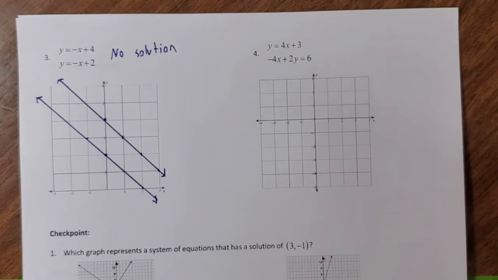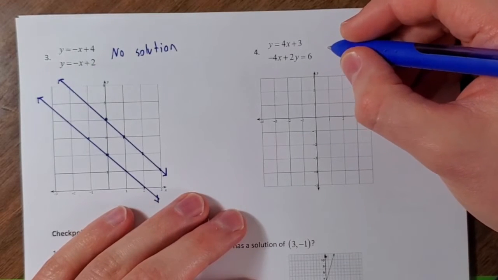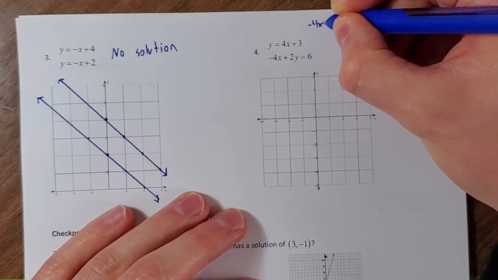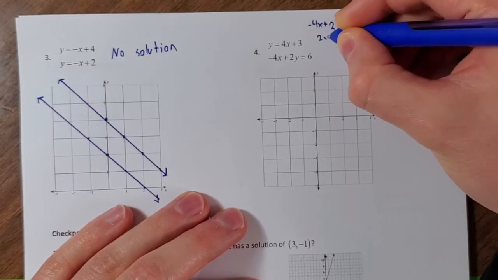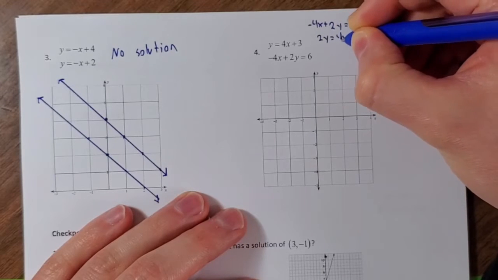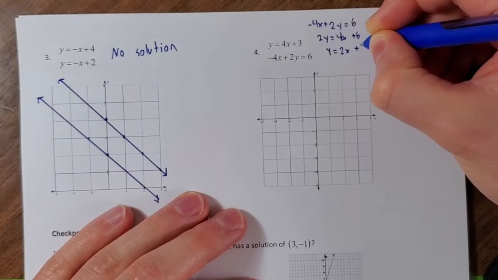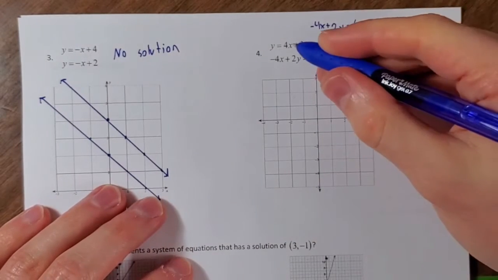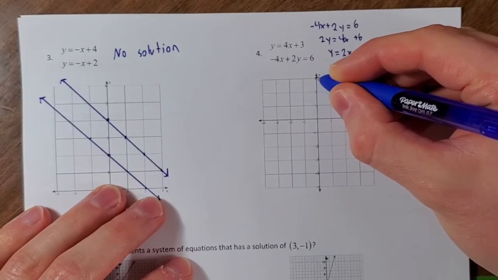Now for number 2, we already have our first equation written in slope-intercept form, so I'm just going to rewrite our second one here. Now that they're both there, I'm going to graph this first one with a y-intercept of 3.